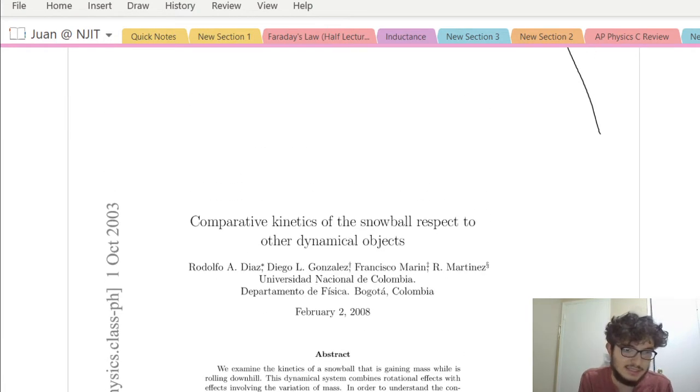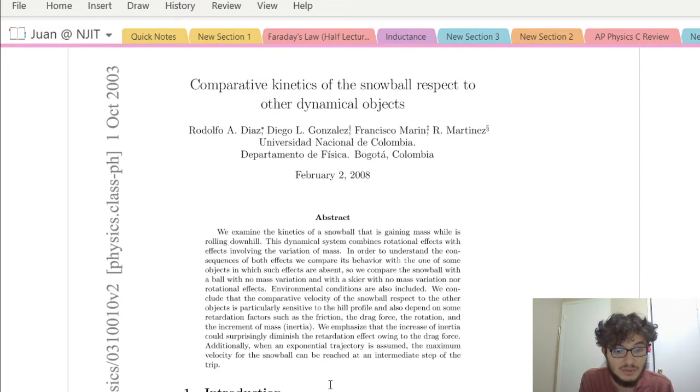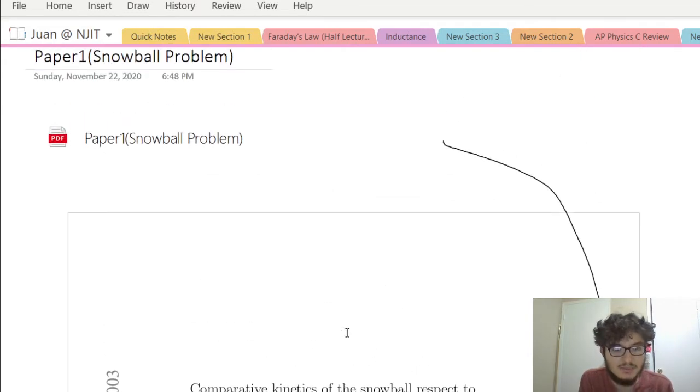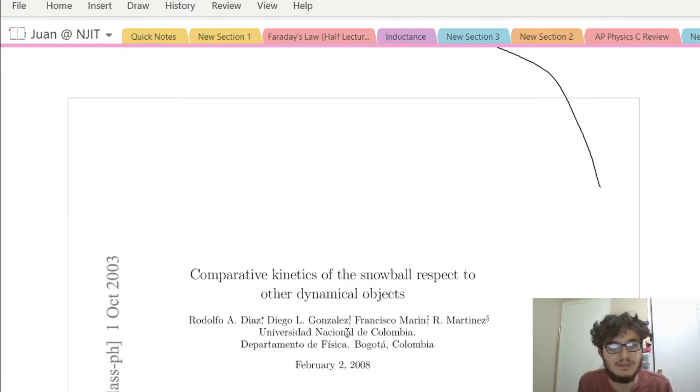It seems like it was written for a particular competition, a mathematical modeling competition. Not sure which one it is, but I know it's from 2008, and it is from the National University of Colombia, and it's from a while ago. And this is about the comparative kinetics of the snowball with respect to other dynamical objects.